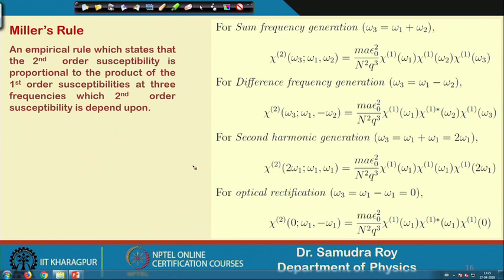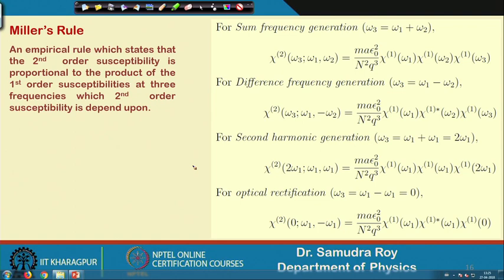Today we learned a very important thing, how classically the nonlinearity is generated. The nonlinearity is generated because if I launch an electric field which is very high, then the electron that vibrates based on the Lorentz model will have some kind of anharmonicity.